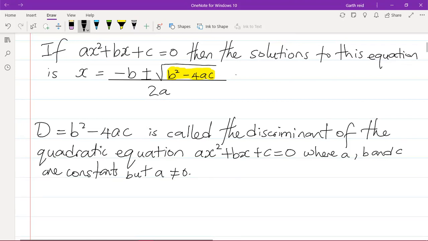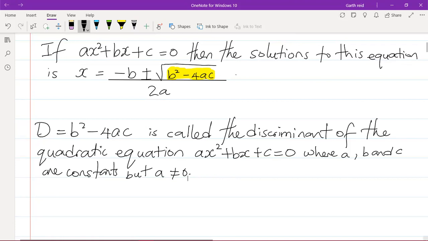So D is the value underneath the root in the quadratic formula, as you can see above, which is highlighted.